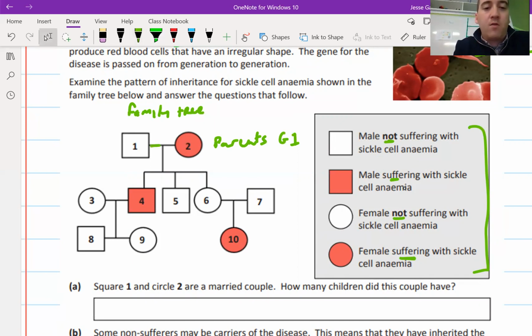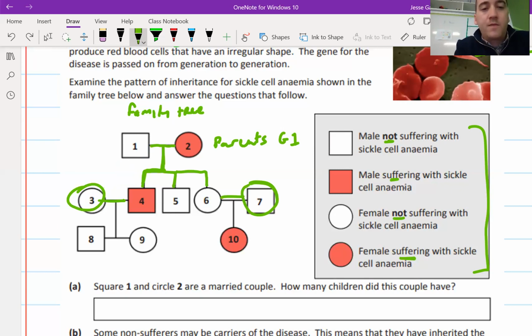How do I know? Well, parents 1 and 2 came together and they reproduced. And who are they directly connected to? They're directly connected to 4, 5, and 6. They're not directly connected to anybody else. Look, number 7 is connected to 6 and number 3 is connected to 4, but they're not directly connected to the parents. So those are not children of 1 and 2.